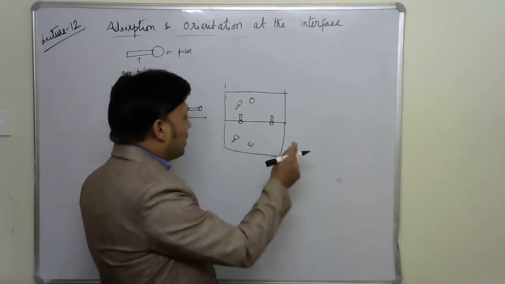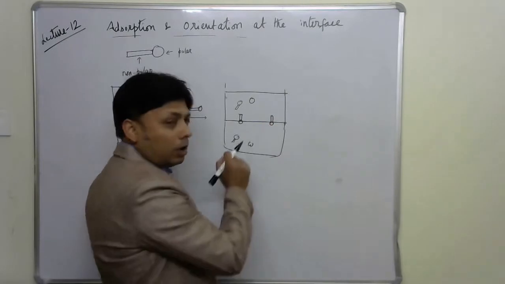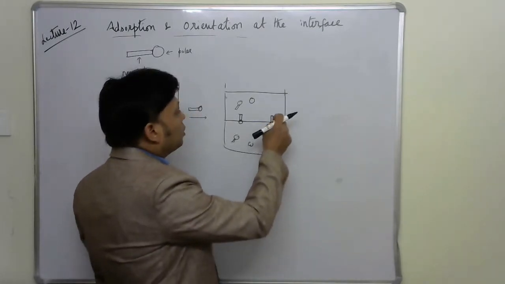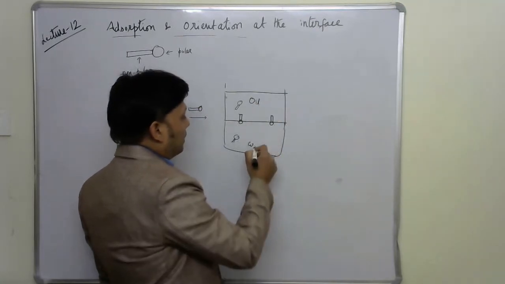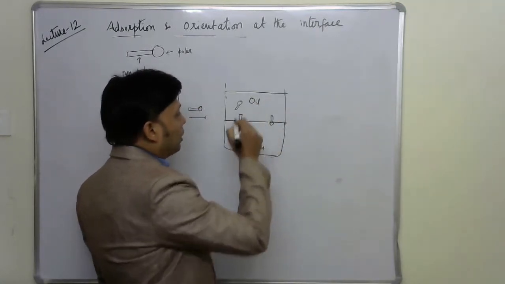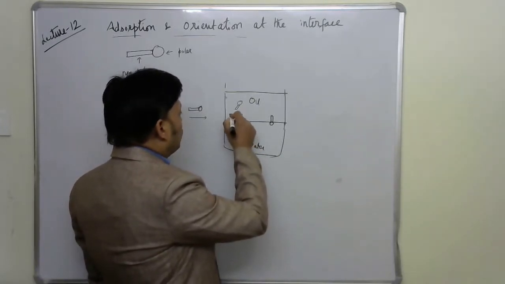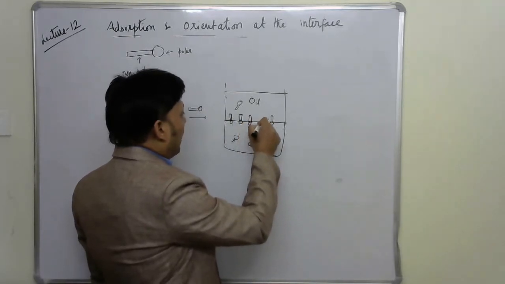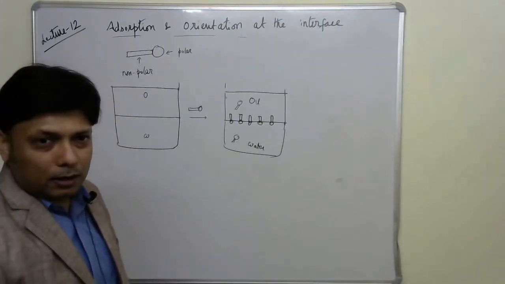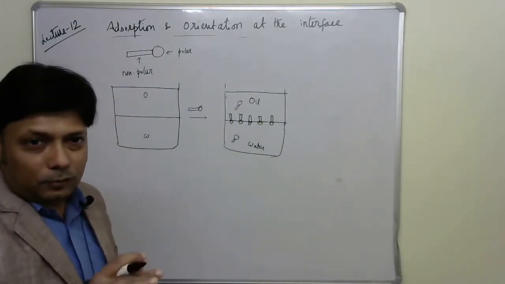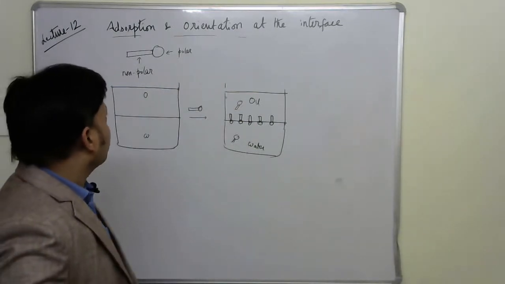Its energy would be minimized if it can have a favorable interaction of the polar head group with the water and a favorable interaction between the non-polar hydrocarbon chain and the oil phase, that means with the hydrocarbon chains of the oil molecules. So the molecules now would get adsorbed at the interface of such an oil and water medium.